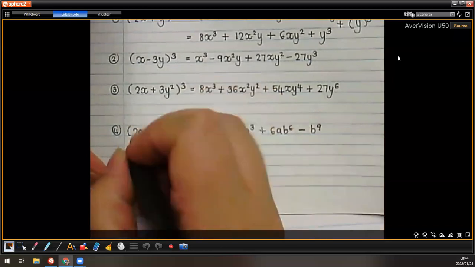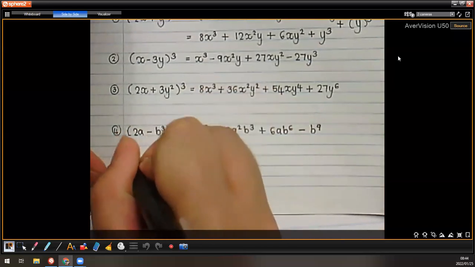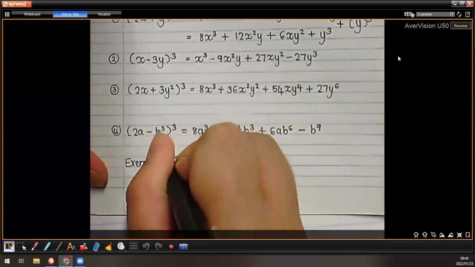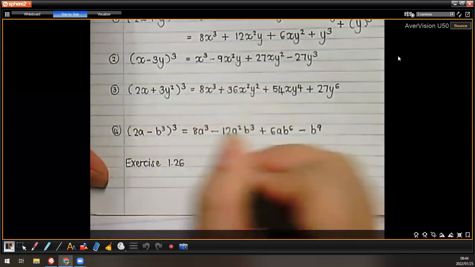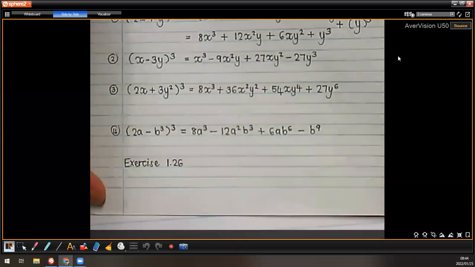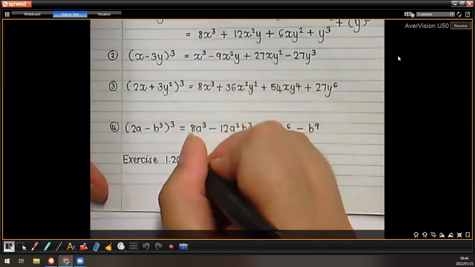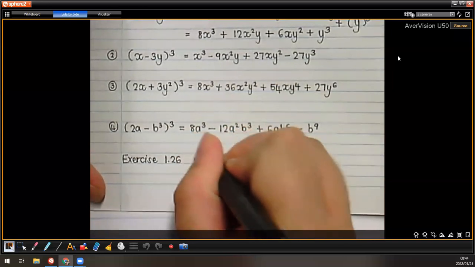I'm not going to give you a lot. It's exercise. This is now in your core textbook, right? Exercise 1.26. It's the last exercise in this chapter, the check your skills exercise. I'm going to give you a few questions from there. So this is on page 36.